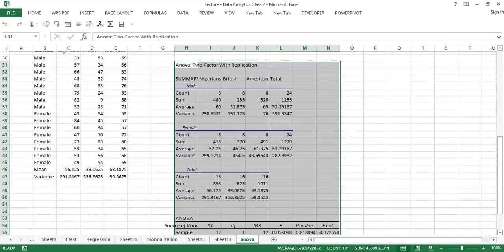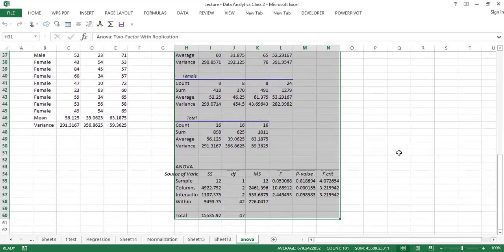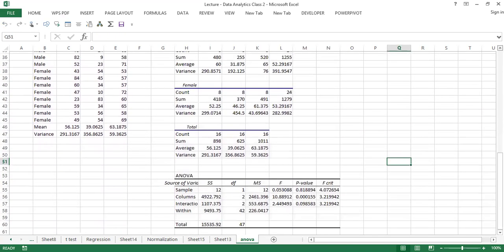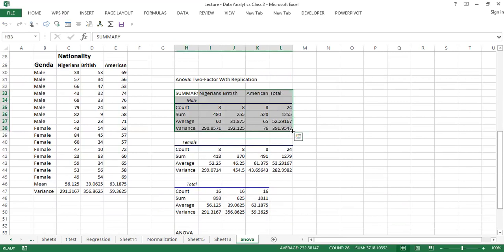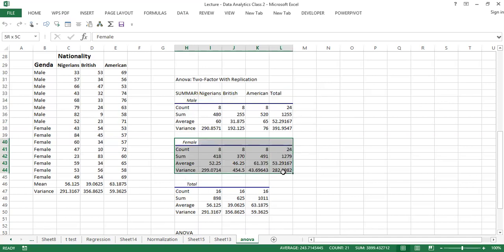A lot of outputs, right? So now, this is the ANOVA two-factor with replication summary. You have the Nigerian, British, American, total. You have the male. So this is giving you the summary for the male samples, the summary for the female samples, and the summary for the combination of both.